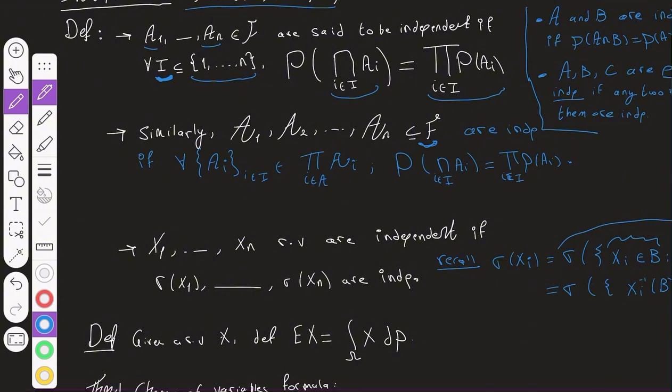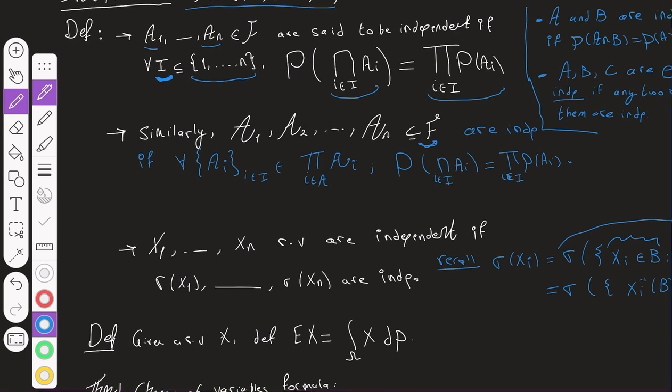So what is expected value to begin with? Now I understand that you might have seen this definition in a nicer form, as the integral of x times the density function, and that is fine because we're going to arrive at that in a bit.